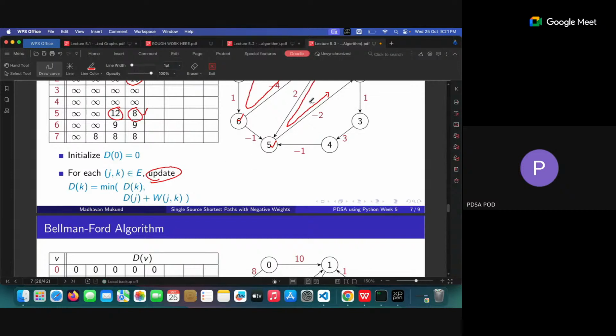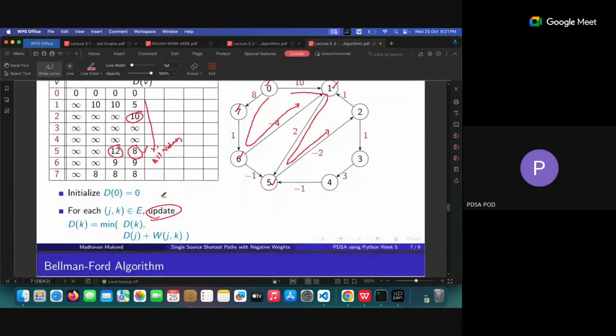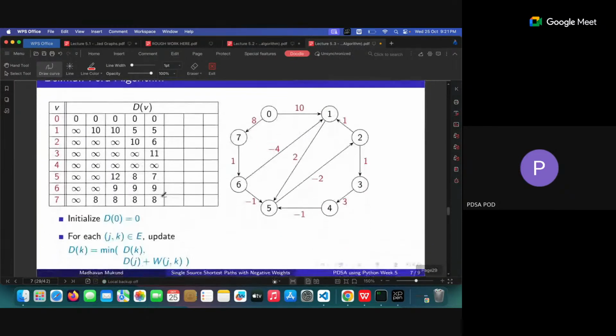It does not mean that the current weight is updated and stayed back. Once you get a new edge updated here, we try to update all the values, even the earlier values are also updated. That is what is happening in the Bellman-Ford. So a similar thing happens for all.